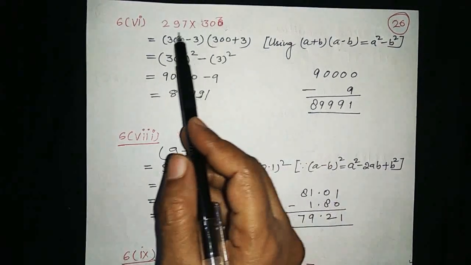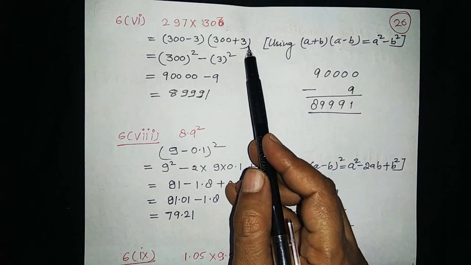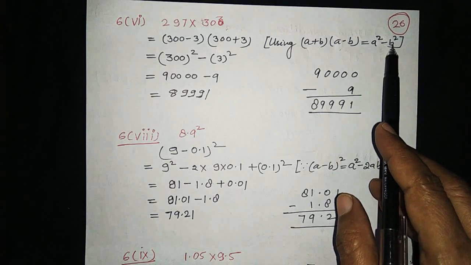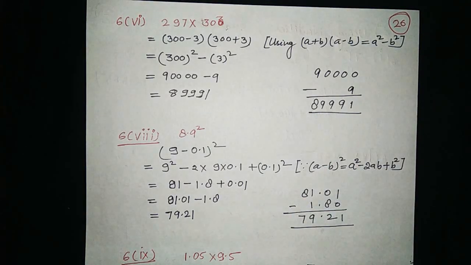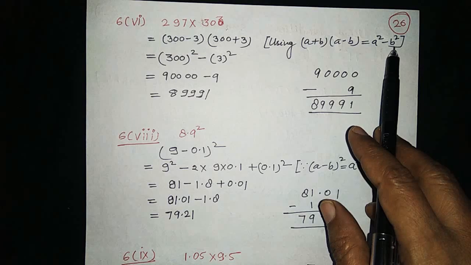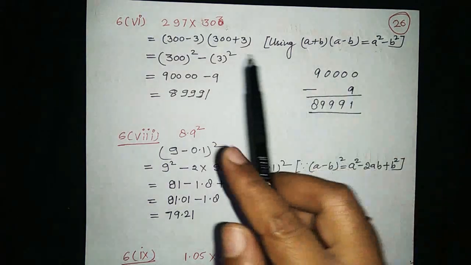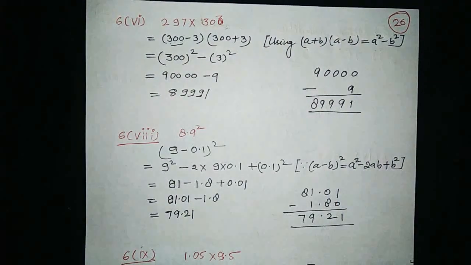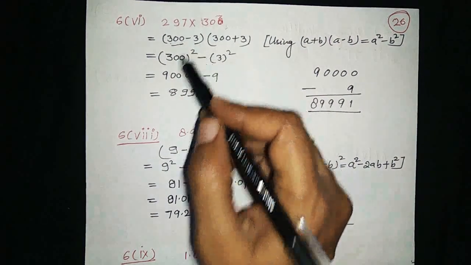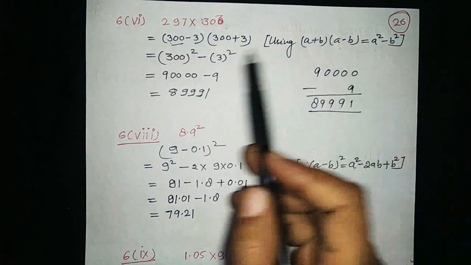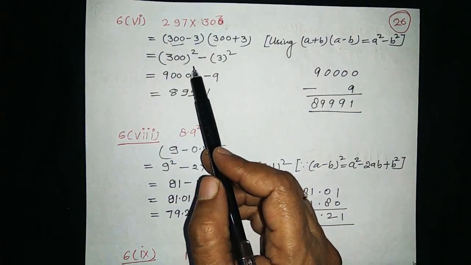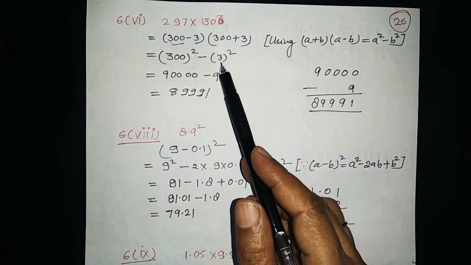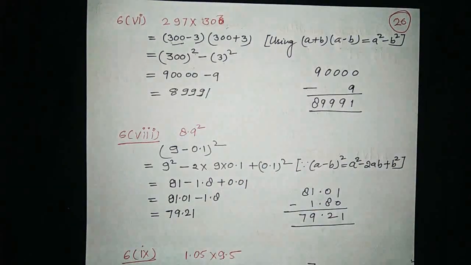Here you can see a plus b, a minus b. So this thing, 300 minus 3 into 300 plus 3, you will write in the form of a square minus b square. For a you will take 300, and for b you will take this 3. Now a square means 300 square minus, for this b square, b we will write 3 and then square we will do.